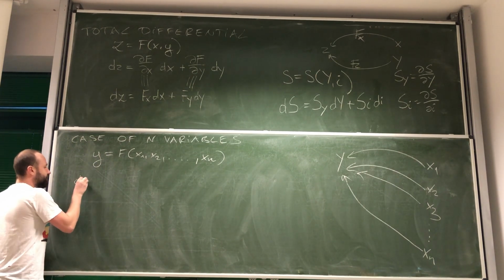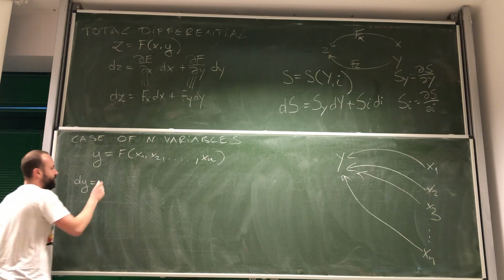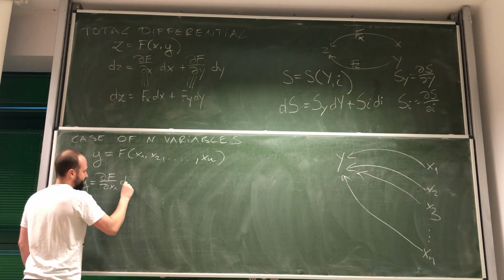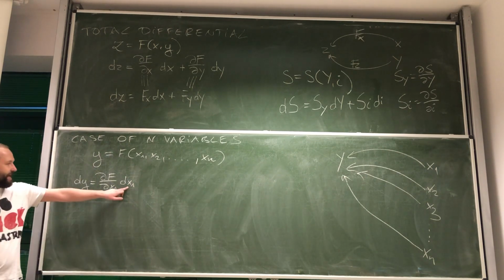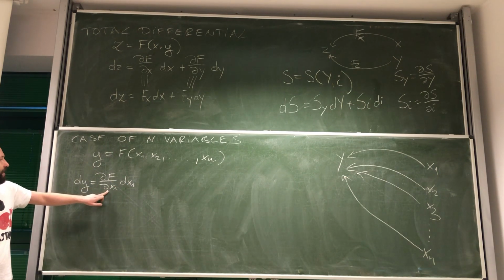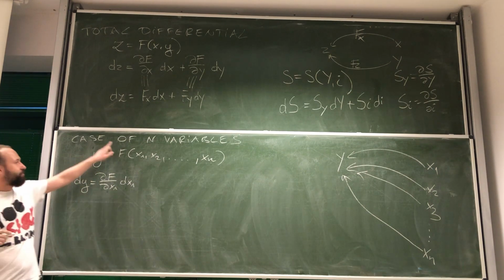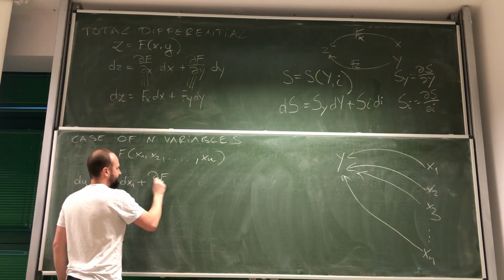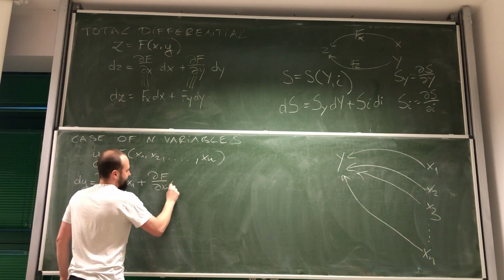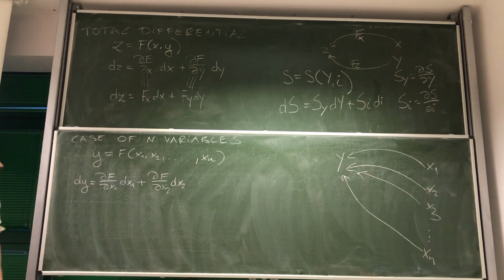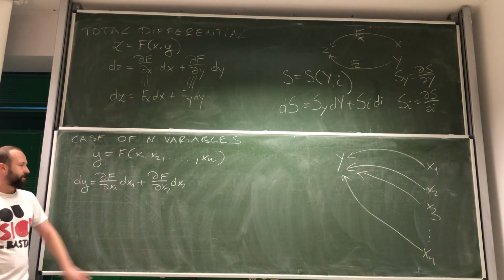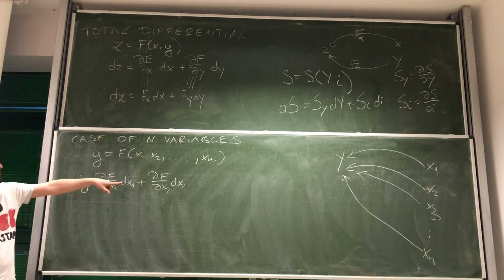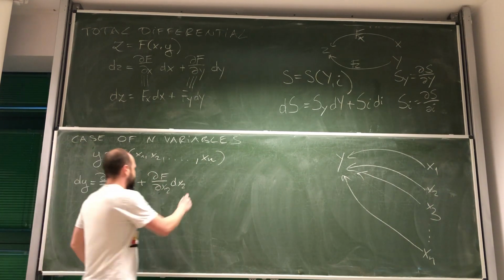So the resulting change in y must come from change in x1 times impact of x1 on y, assuming all other variables are constant, plus the same for x2. Now we are assuming all other variables are constant. Well, partial derivative, df dx2 measures the impact of x2 on y.